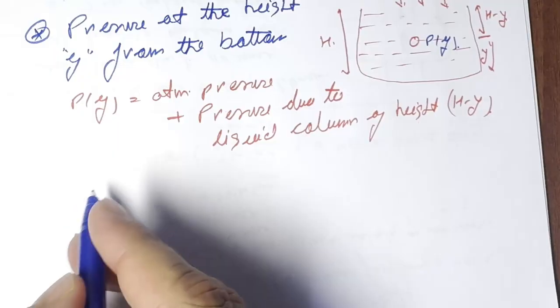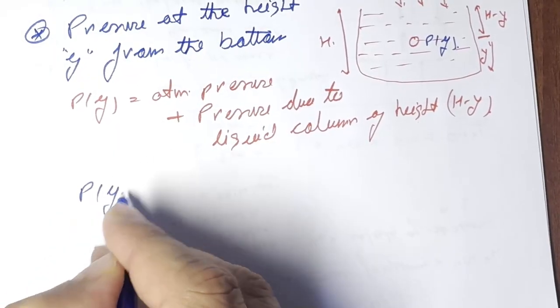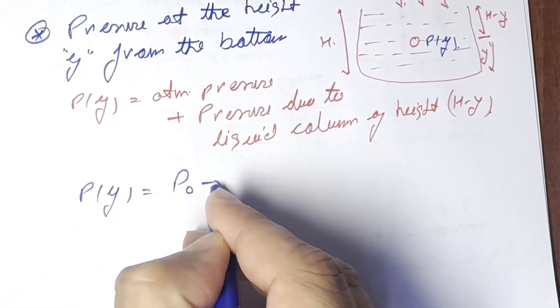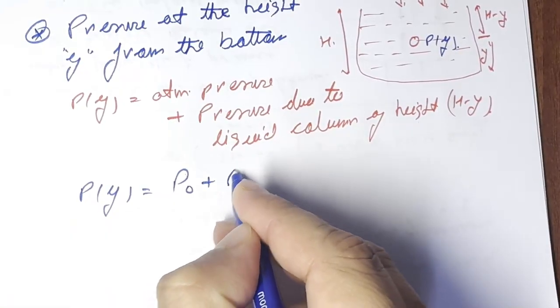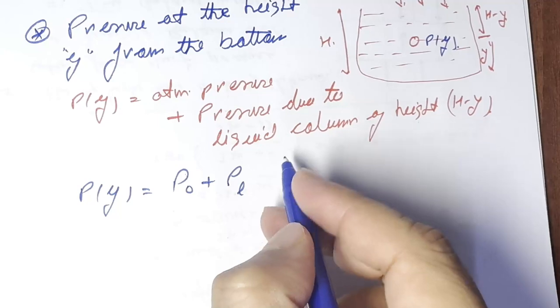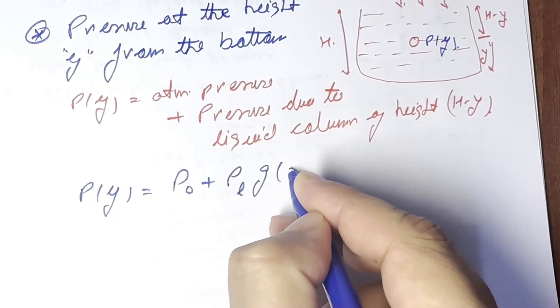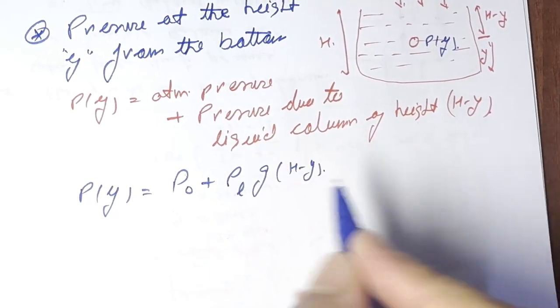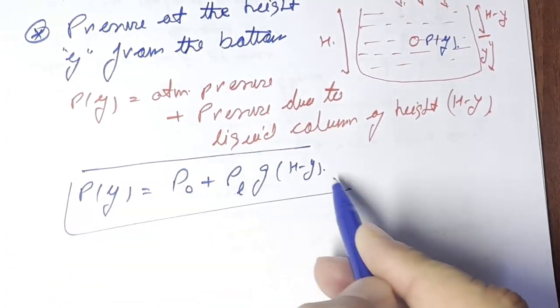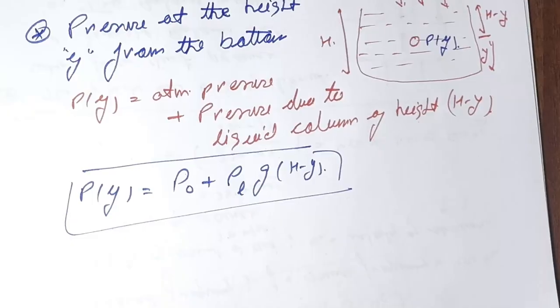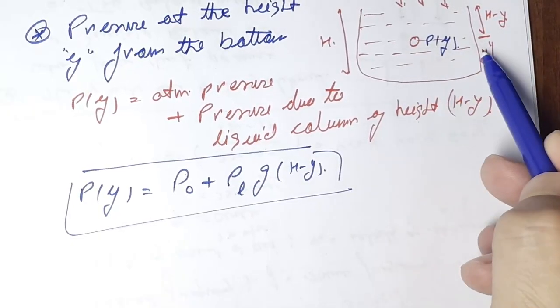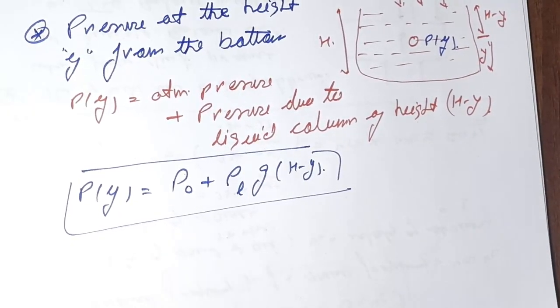Atmospheric pressure is P naught, so we can say P of y will be equal to P naught plus rho L g, where rho L is the density of the liquid, and the height H minus y. So this is the pressure at this height y from the bottom.